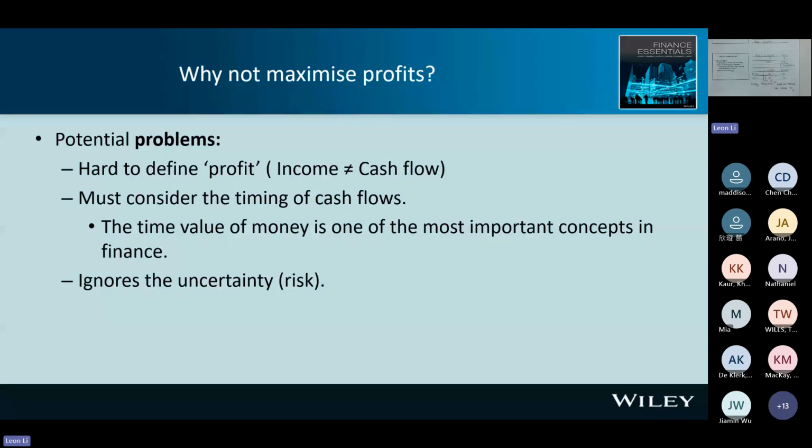In accounting, they can recognize the sales although they have not received the money. And for the cost, again, we have credit purchases. And depreciation is another problem. In accounting, they use depreciation to recognize the cost of a long-term asset.